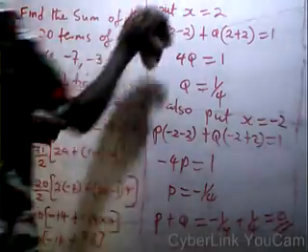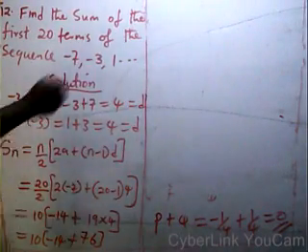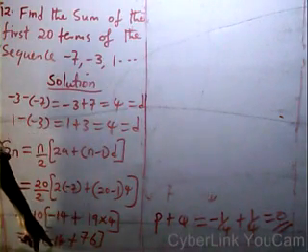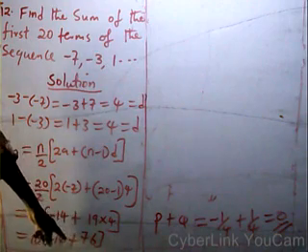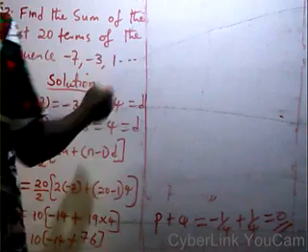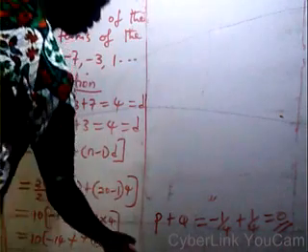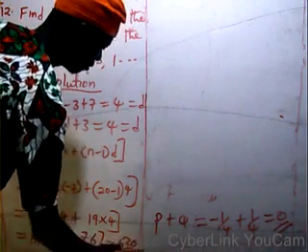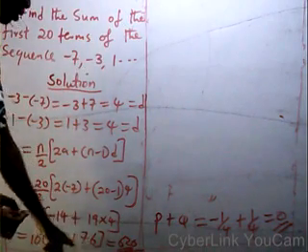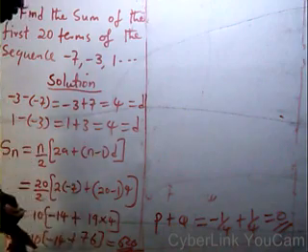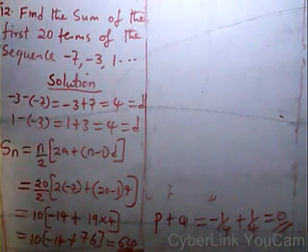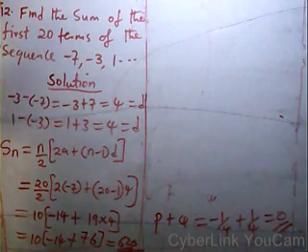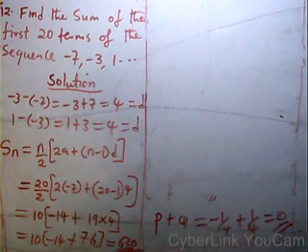So minus 14 plus 76 gives 62. 62 times 10, our final answer here, is 620. So the sum of the first 20 terms of this sequence is 620.